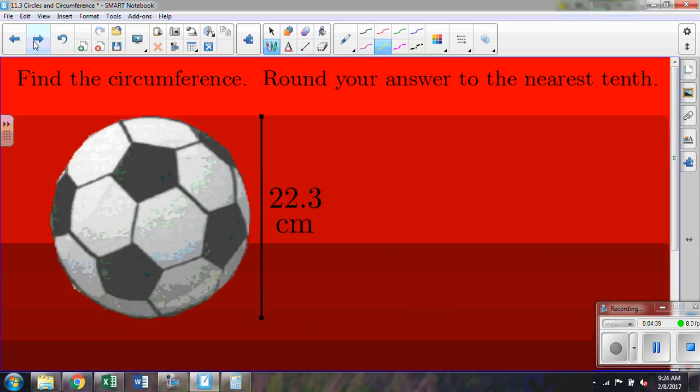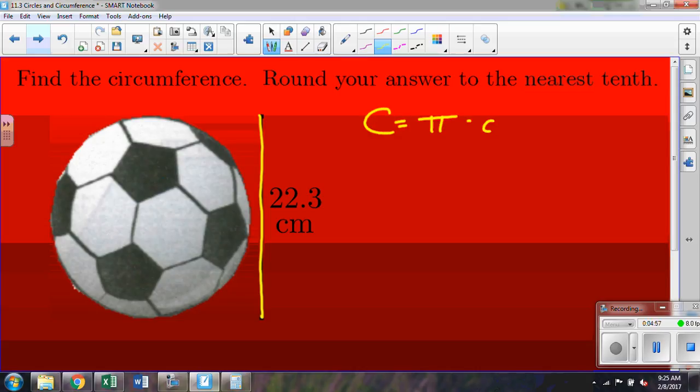What about here? Circumference of this soccer ball. Recognizing that this length of 22 is a diameter, it goes all the way across, we would know that circumference is pi times diameter. And so we've got 22.3 multiplied by pi.